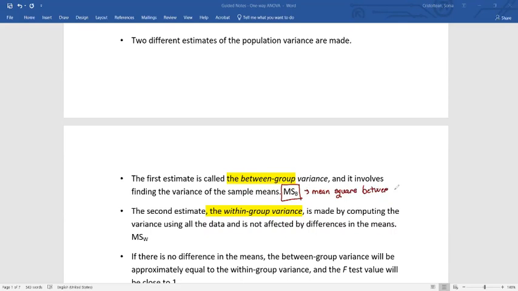If you have more groups, of course, there will be variation between groups, so this estimate should make sense. The second estimate is the within group variance, and it is made by computing the variance using all the data, and it is not affected by differences in the means. Here is the notation, and this one stands for mean square within.